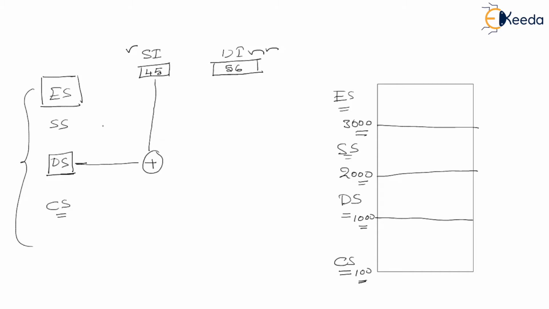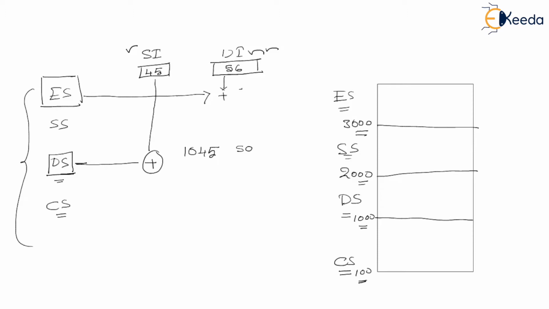At the same time, we add the destination index register value to the ES register. So it is quite evident: what is the data segment register value? 1000. 1000 plus 45. In the 1045th location, you have the first operand, that is the source operand. Again, what is the extra segment register value? That is 3000, because the extra segment starts from 3000.